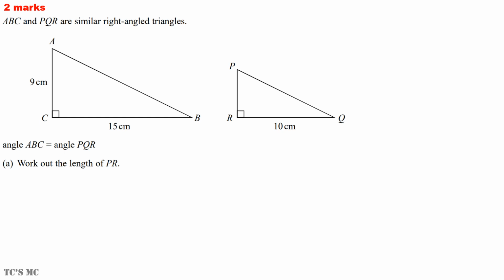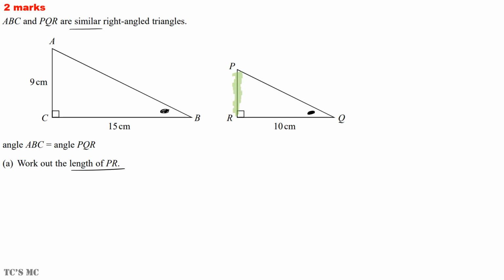ABC and PQR are similar right-angled triangles, so all the corresponding angles are the same. Angle ABC is equal to angle PQR. Work out the length PR. The length PR is this one over here.